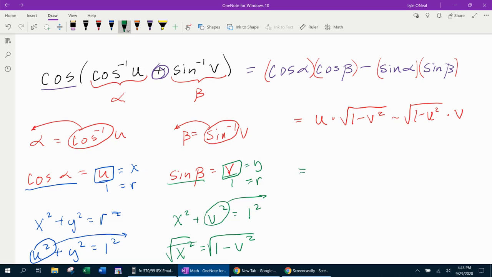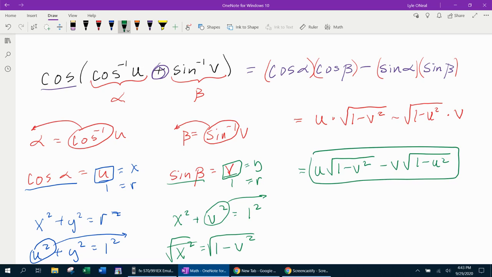I think that if I was to do anything, I would rewrite it as u square root of 1 minus v squared minus v square root of 1 minus u squared. And there's that expression now as an algebraic expression.